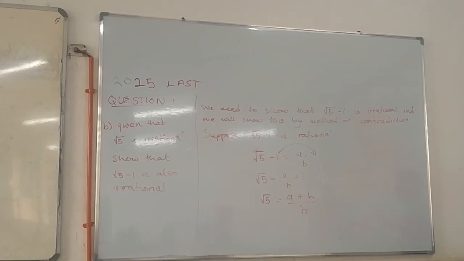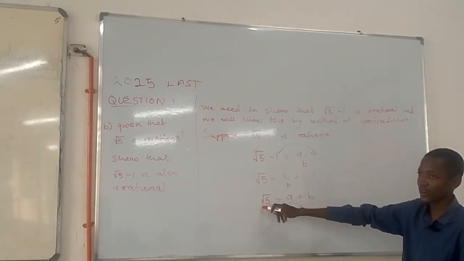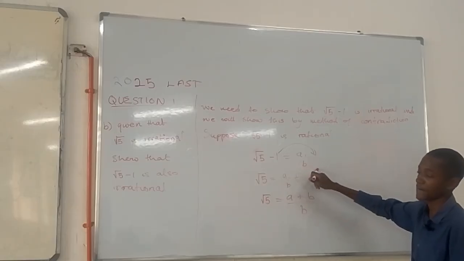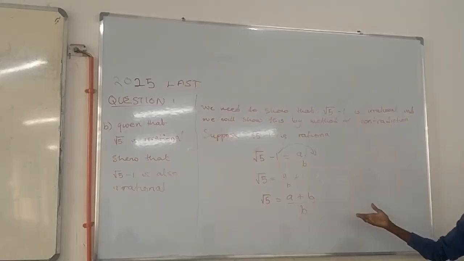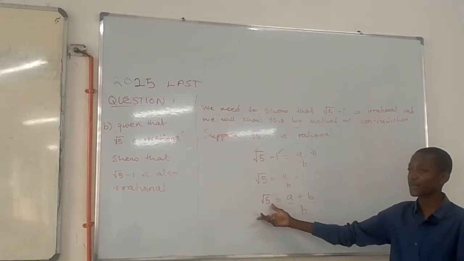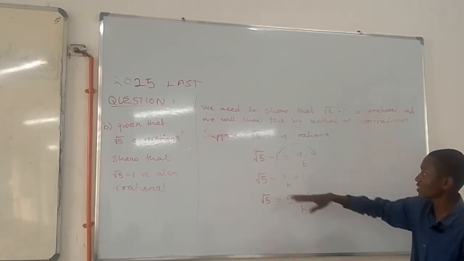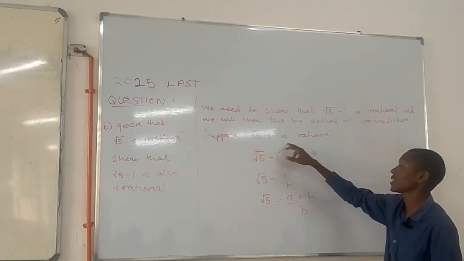If you look at this, it is irrational, and we are saying that this is rational. So this is the direct contradiction. You can't have an irrational number be equal to a rational number. Remember, at first you assumed that root 5 minus 1 is rational.